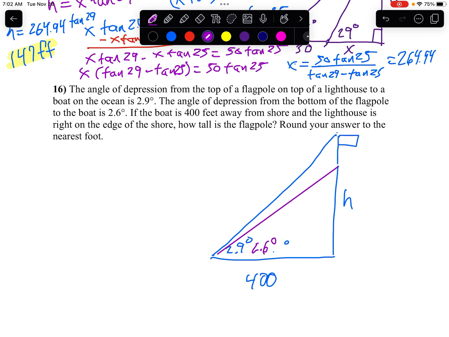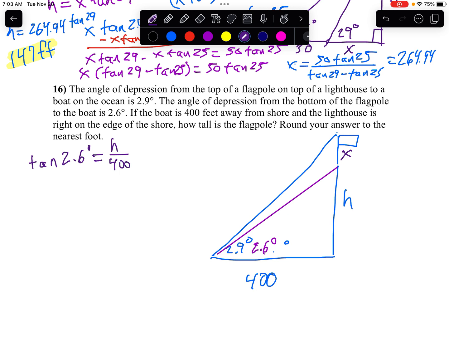I didn't draw it very well. So in other words, I don't know what the height of the flagpole is. Let's call that x. So in other words, the tangent of 2.6 degrees equals the height of the lighthouse, which we'll call h, over 400.